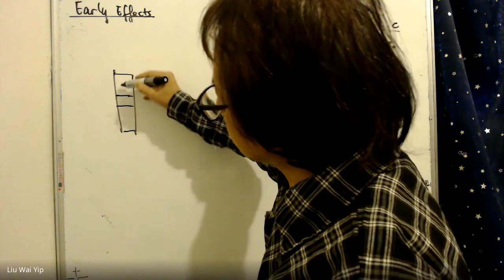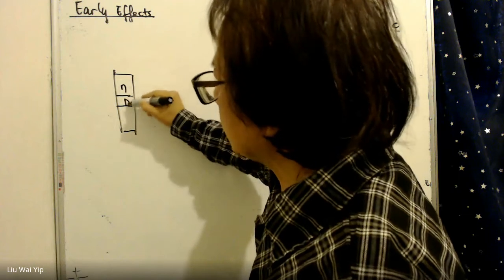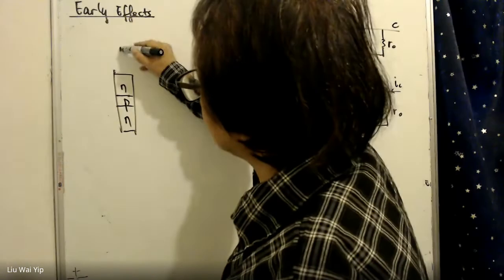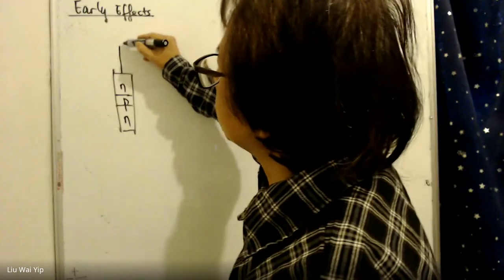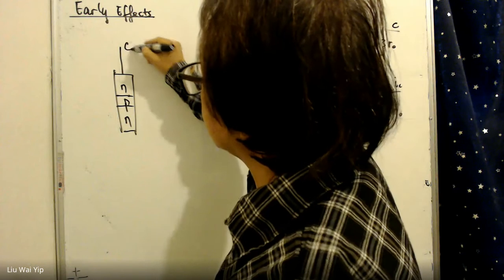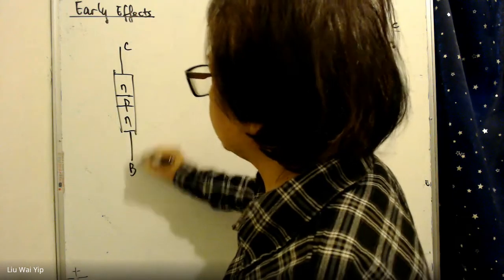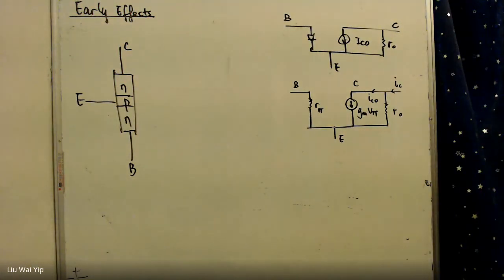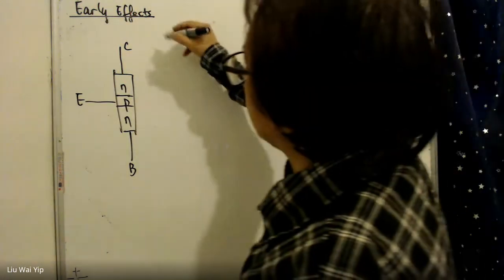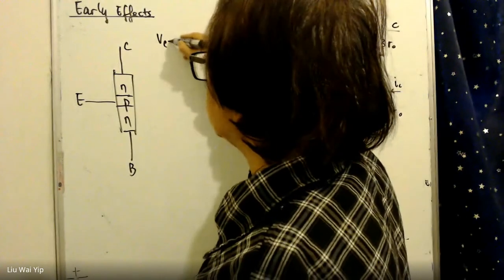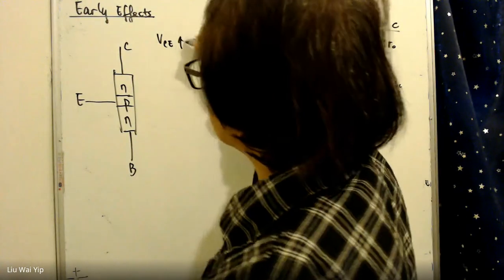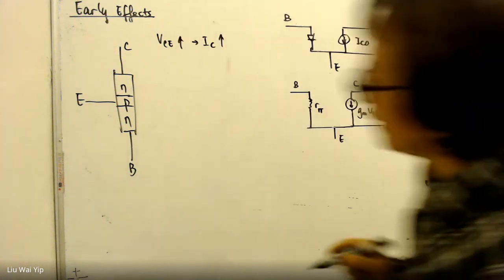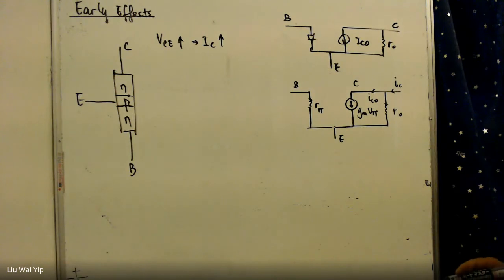So we have N, P, N. And the regions here are E, B, and C. We have a higher VCE, and we end up with higher IC, and we want to explain why in terms of the Early effect.